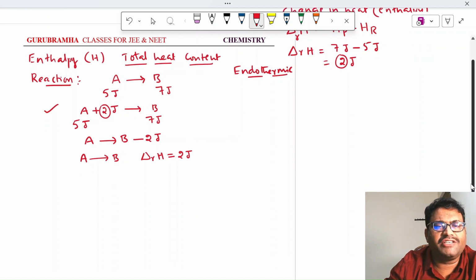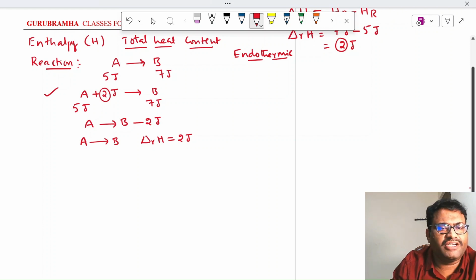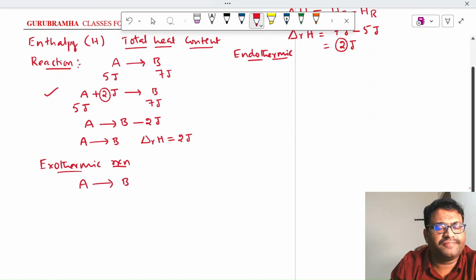Let us see the exothermic reaction. The same A gives rise to B. A is having 8 joules of energy and B is having 5 joules of energy.